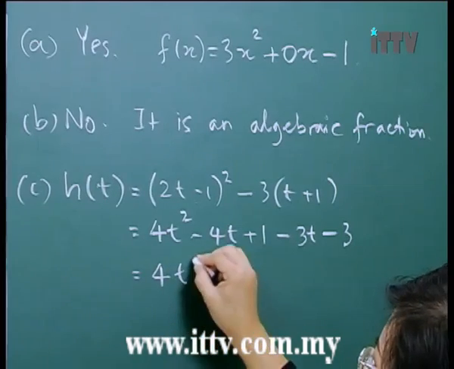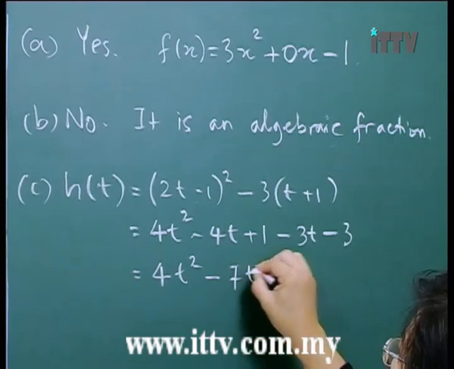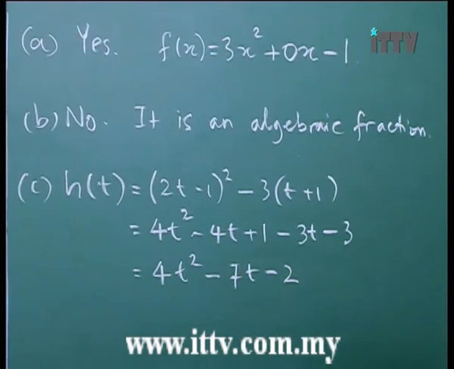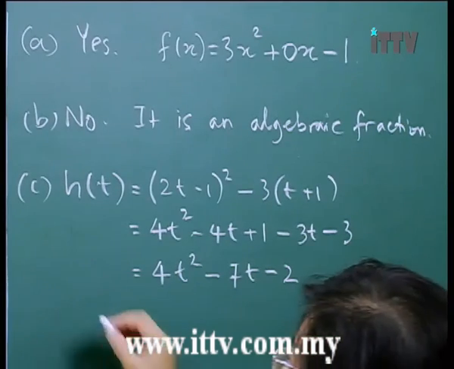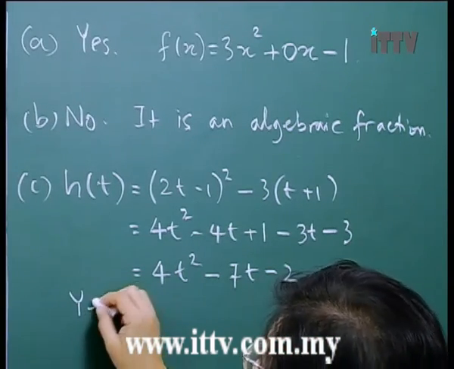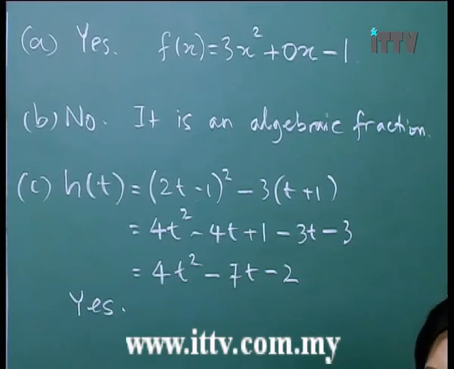Upon simplifying, we observe that we do have a quadratic function because the power of t is only up to 2. So the answer for whether it's a quadratic function or not is a yes.